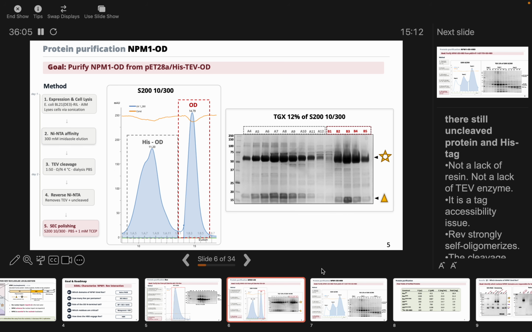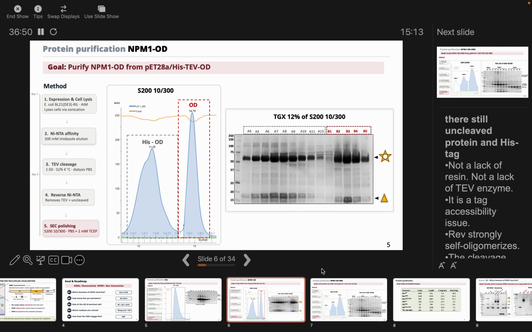This is because of the tag accessibility, because the ODs form pentamers, so it's a bit hard for the tag to access. Also because the column is saturated.